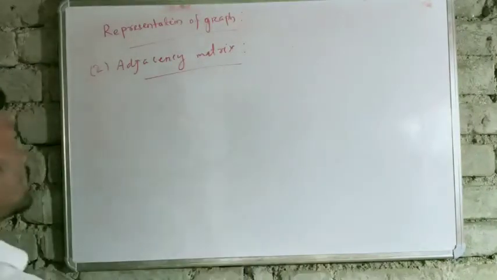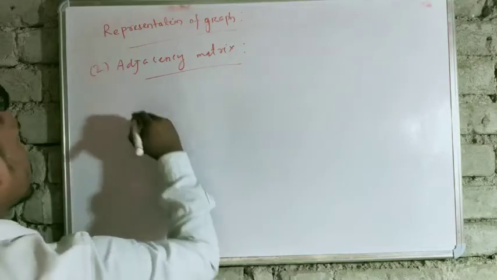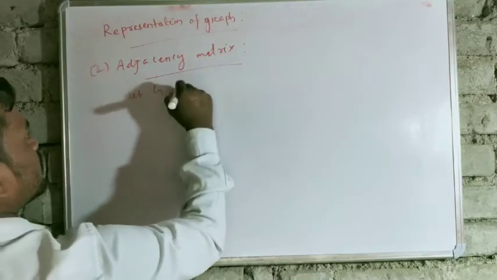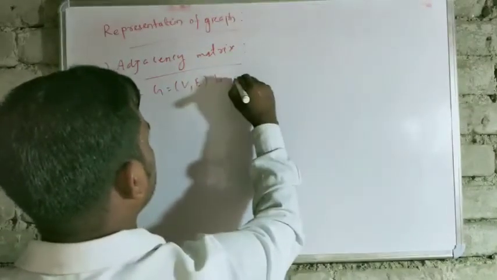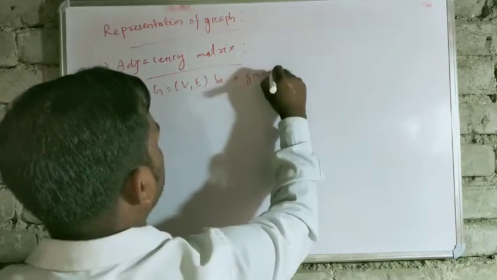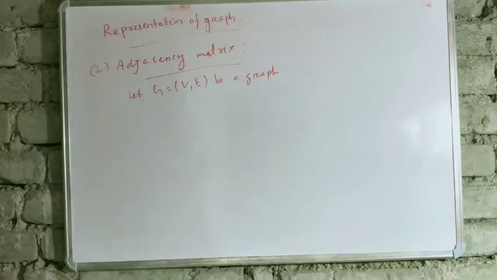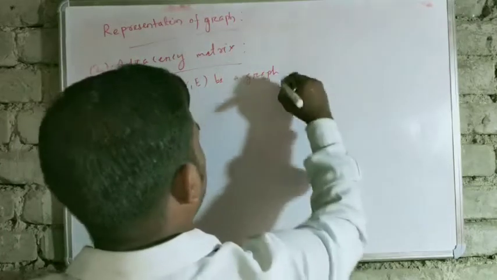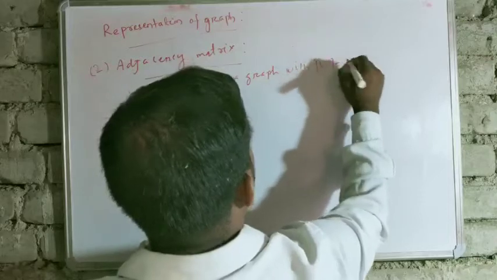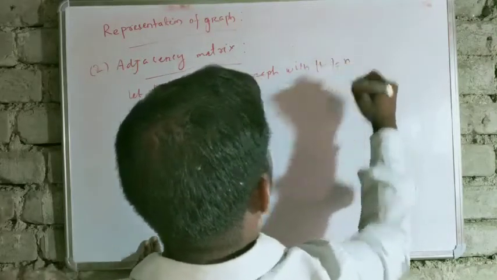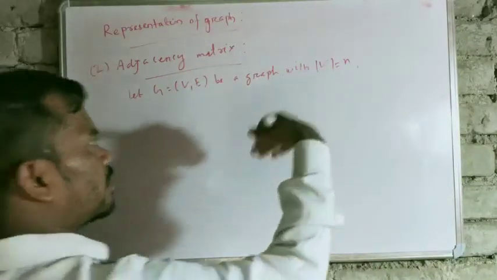So what will be the adjacency matrix if a graph is given? Let G equal (V, E) be a graph with mod V equal to N. That means the vertex set V has N vertices.